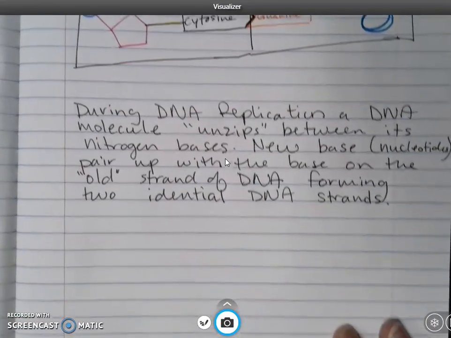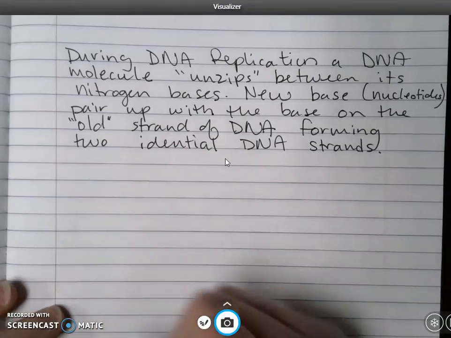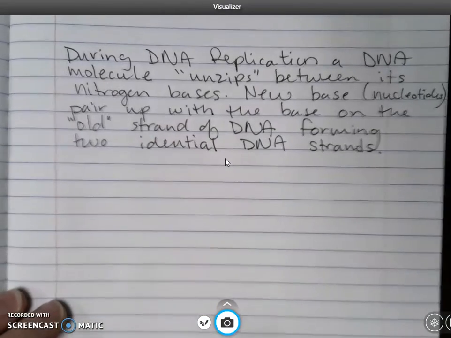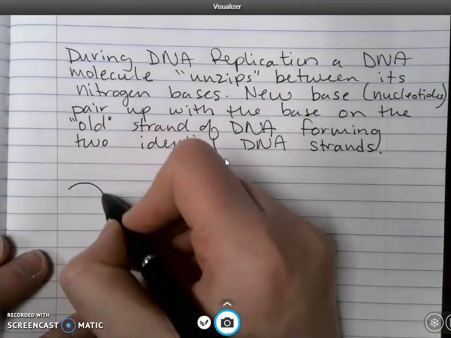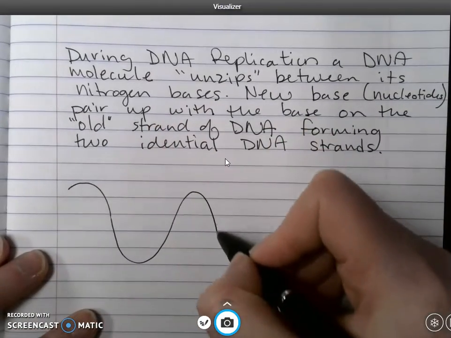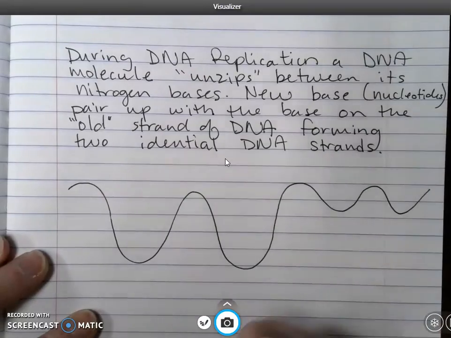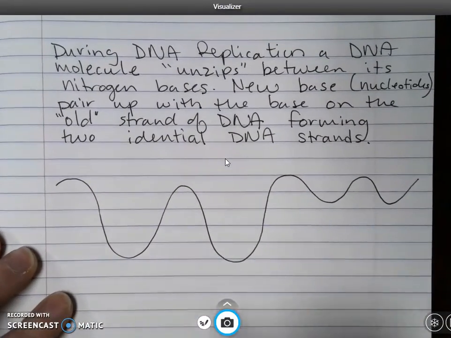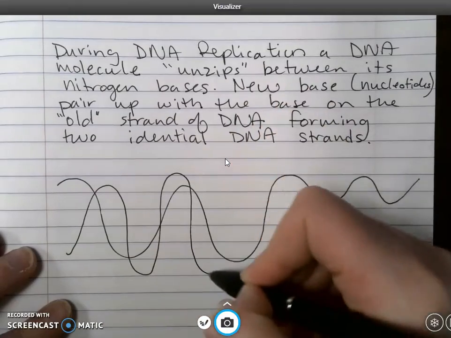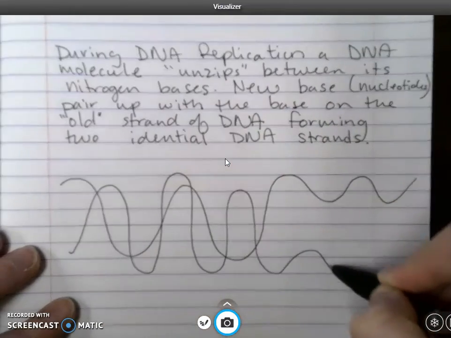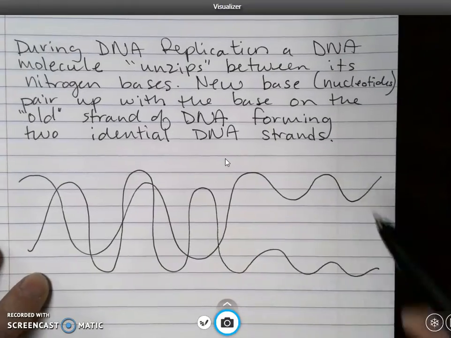I'm going to attempt to draw down here what it's going to look like. Yours does not have to look exactly like mine. If you're having trouble drawing it, I can help you do it in class tomorrow. So there's one side. Oh, this looks terrible, guys. Sorry about that. And here is where it's unzipping.